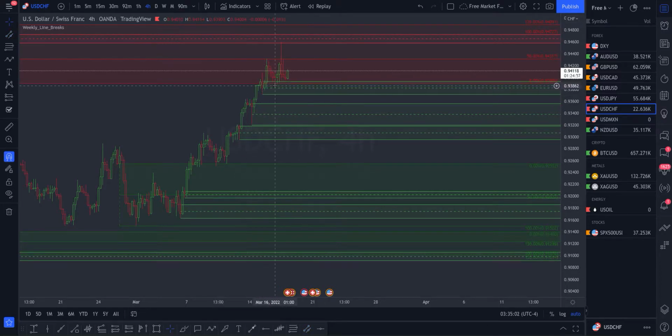Okay, for the most part, has been respecting this. We saw mitigation of orders here. Okay, pushed up, mitigated some orders here, and it's kind of ranging in between these two supply and demand zones, all the while sitting inside of institutional distribution.